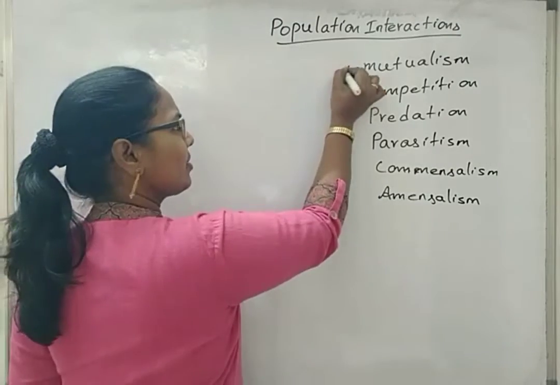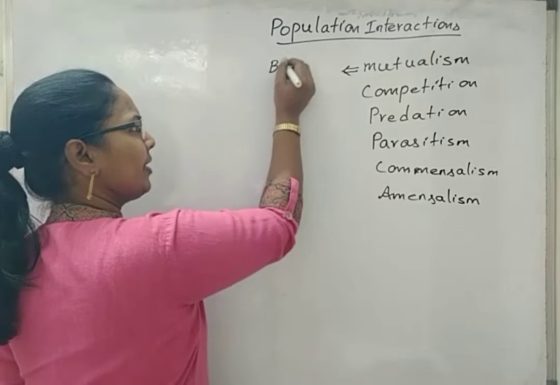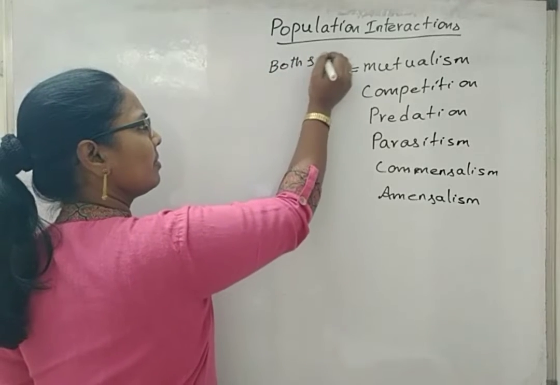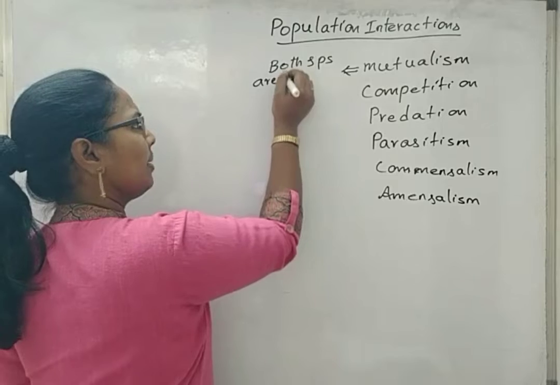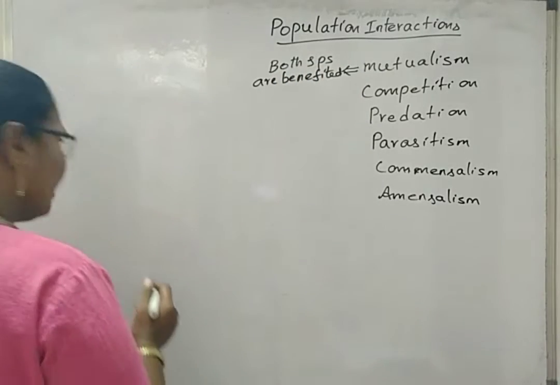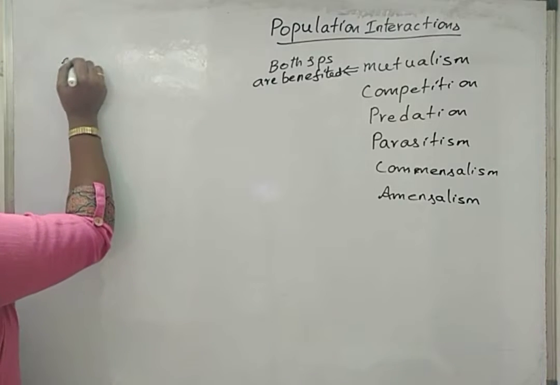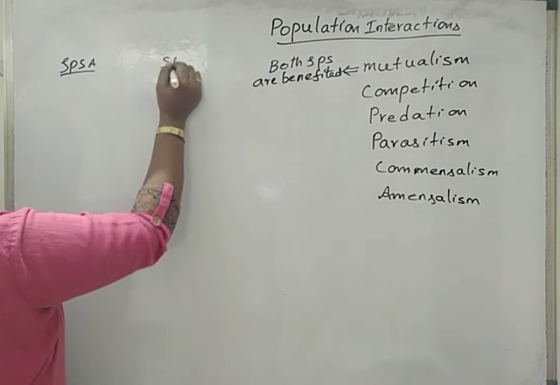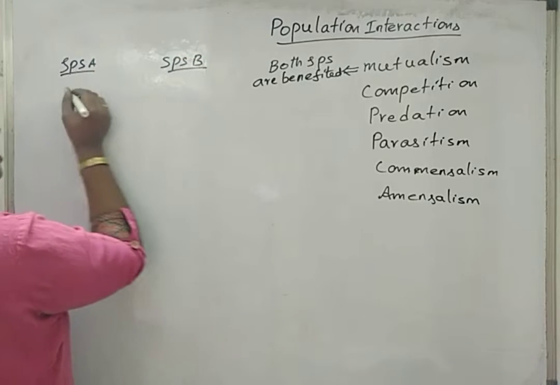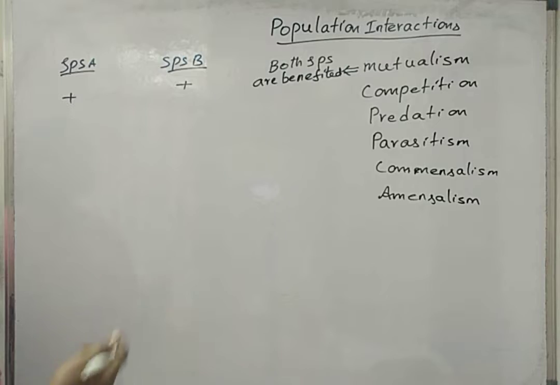Out of these 6 types, in mutualism, both species are benefited. We use a symbol to express the nature of benefit for species A and species B. So we indicate with a plus mark that both are benefited.